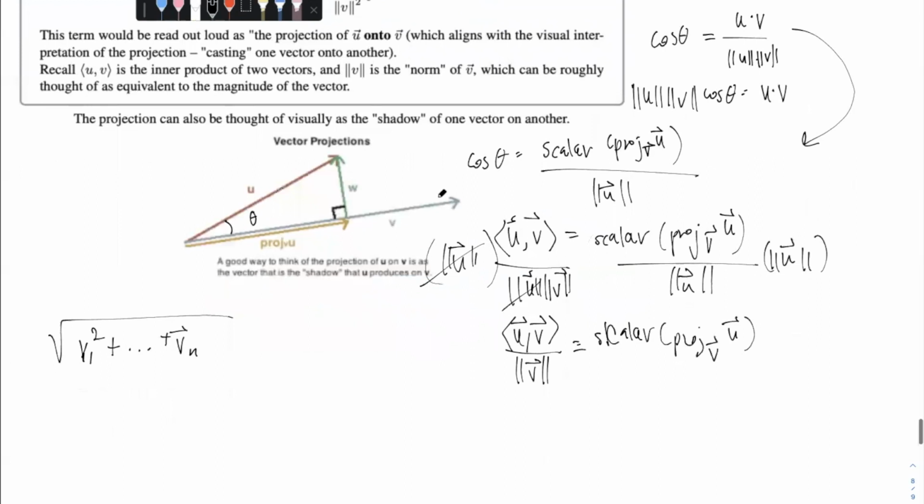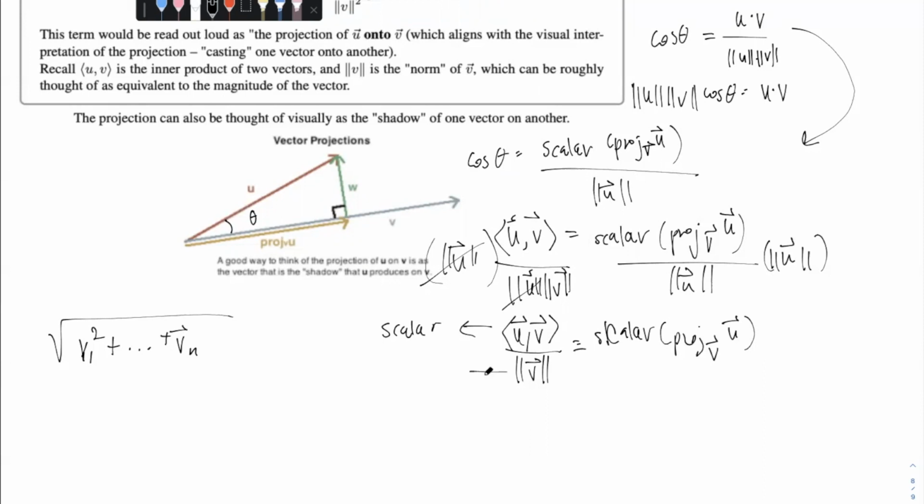So you'll notice that this dot product here will give you a scalar, and then the norm of V will also give you a scalar.